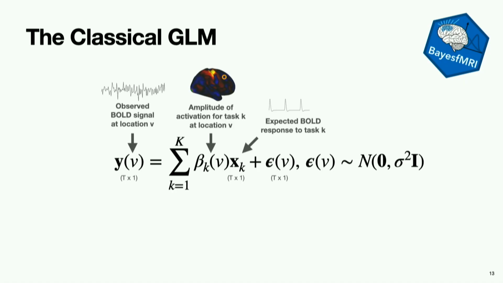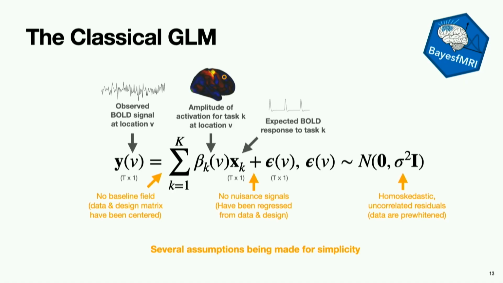There are no nuisance regressors, so there are a lot of assumptions that I'm making with this model. There are no nuisance signals, no baseline field, no intercept, and no temporal autocorrelation or heteroscedasticity across time. And these are important caveats.